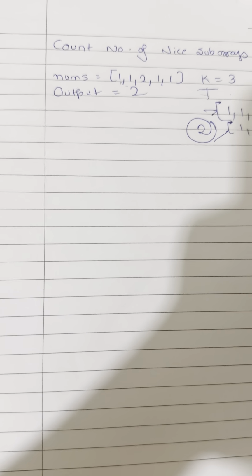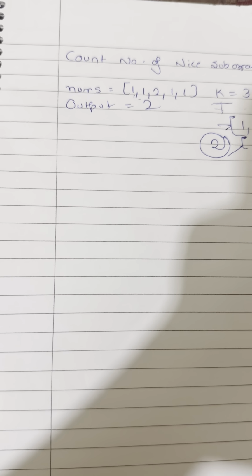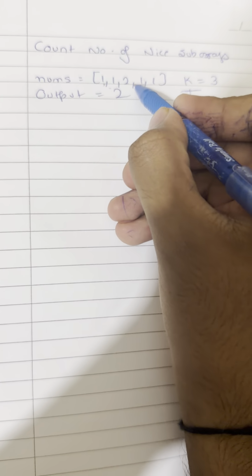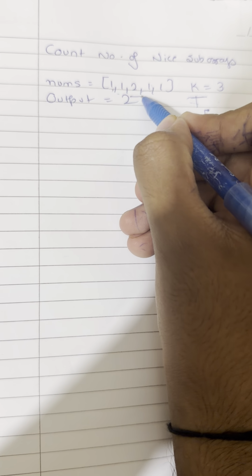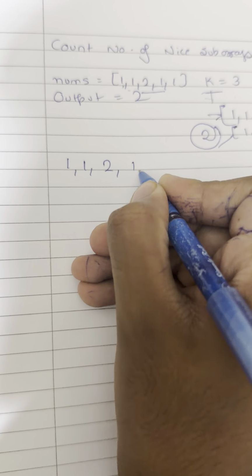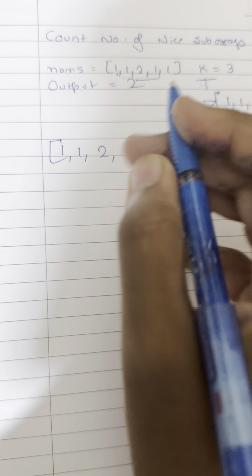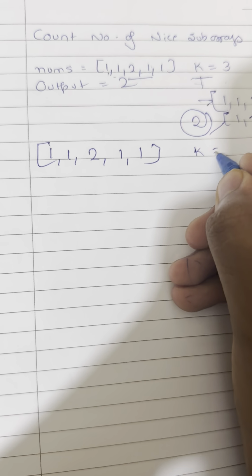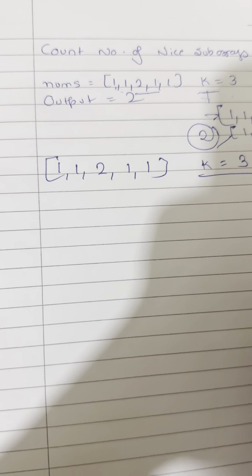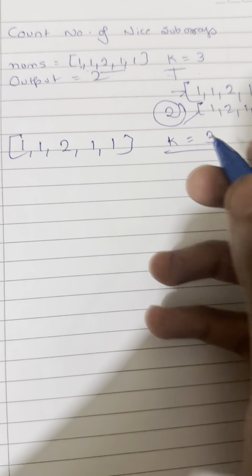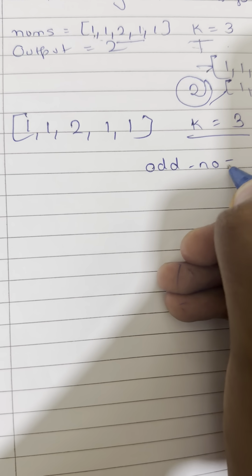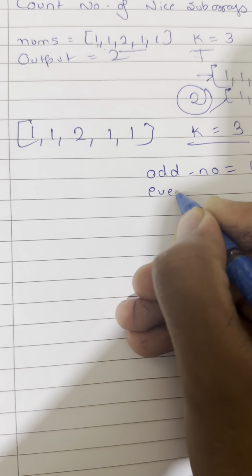Now we will try to solve this problem. We know that this array contains even and odd numbers, and k is equal to 3. So we could put each odd number equal to 1 and each even number equal to 0.